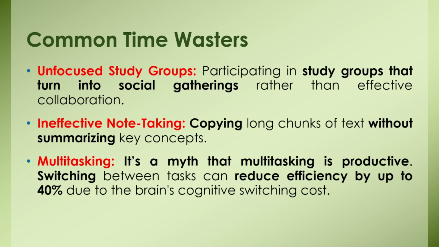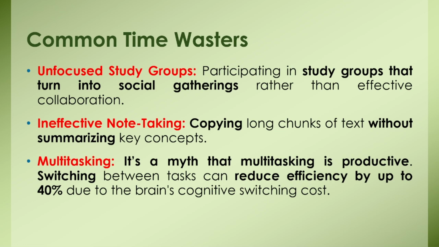Multitasking, we said before that it's a myth that multitasking is productive, and a human actually is not a successful multitasker. Switching between tasks can reduce efficiency by up to 40% due to the brain's cognitive switching load or cost. So your brain has to switch from task to task.